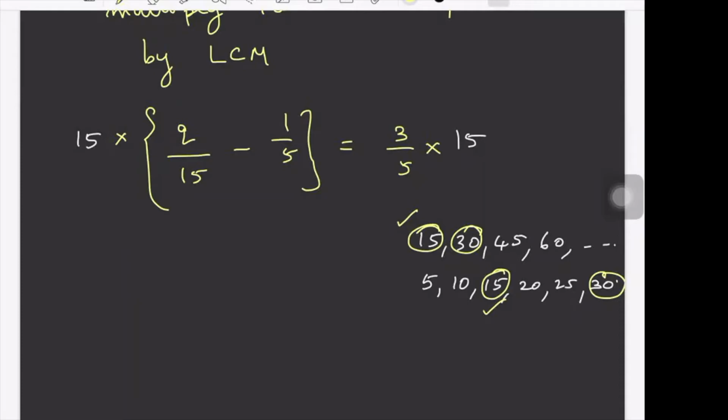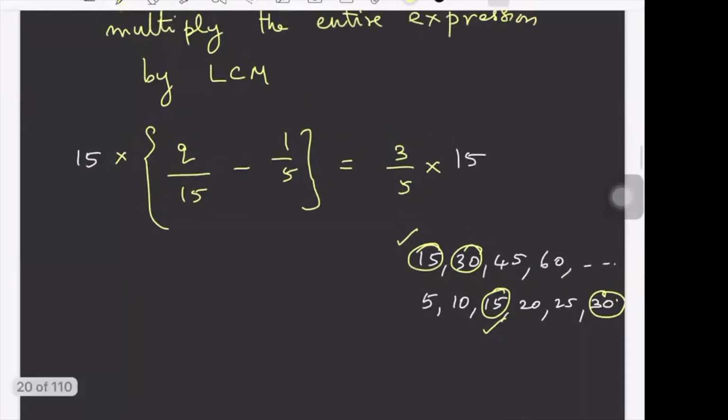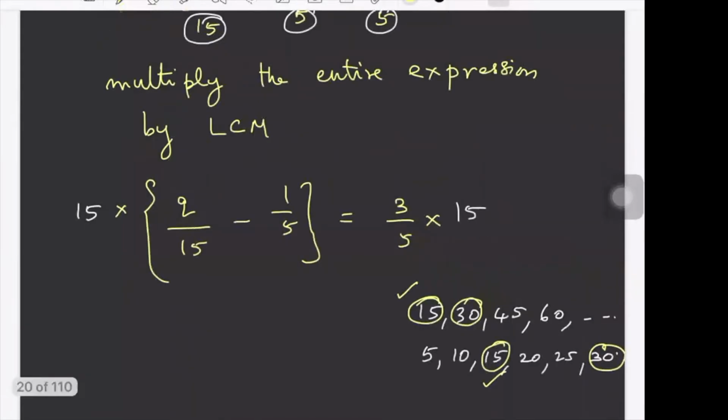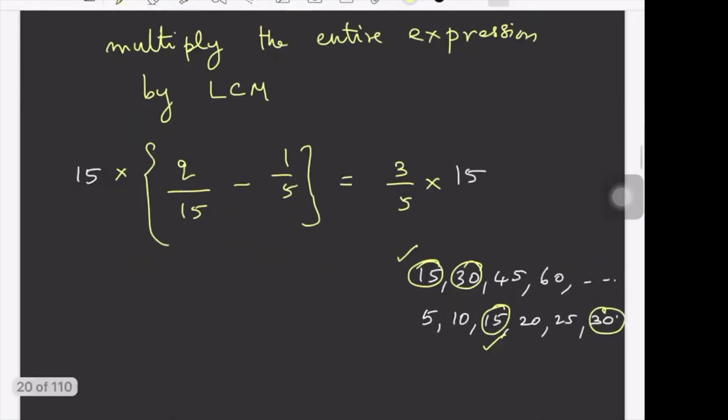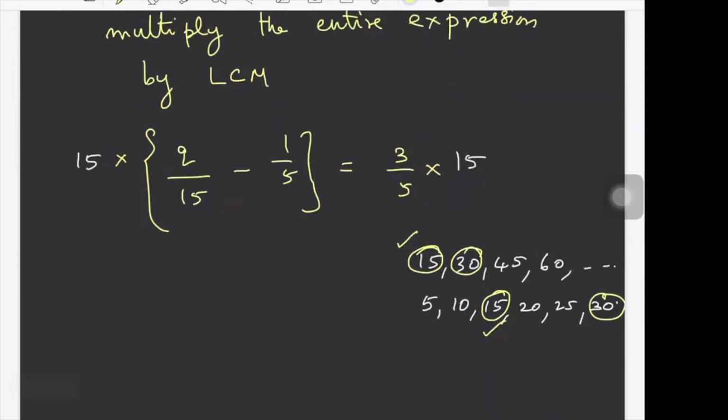Now, when you have figured out what the LCM is, you multiply both sides of the expression by the LCM, which is 15. Now what happens? This 15 will help you get rid of the fractions. Why? Because on the LHS, we have 15 into q by 15, minus 15 divided by 5, is equal to 3 into 15 divided by 5.